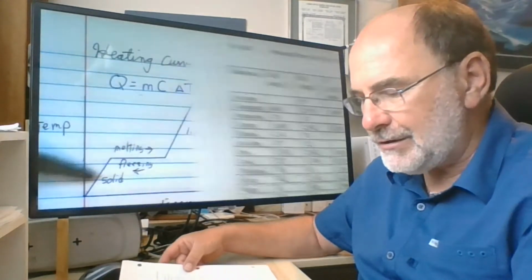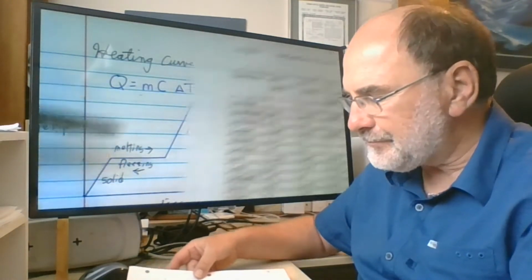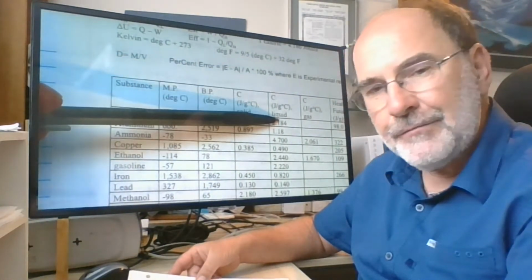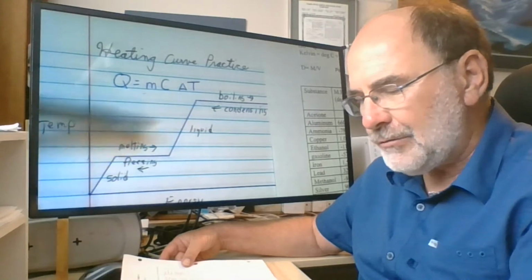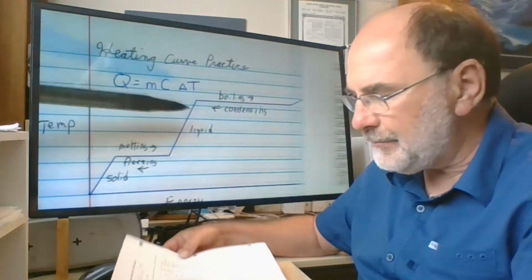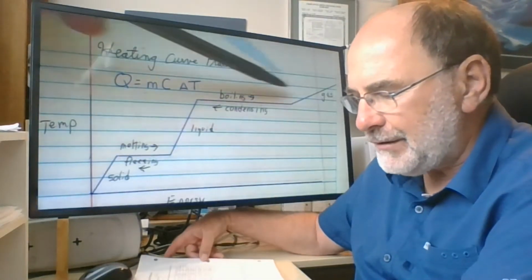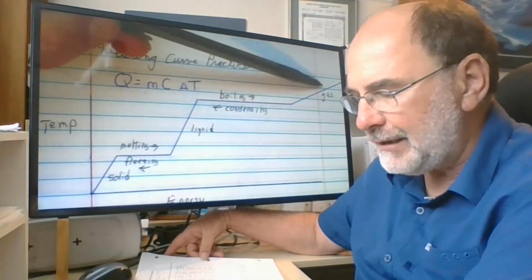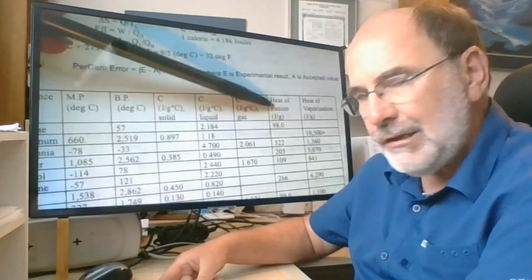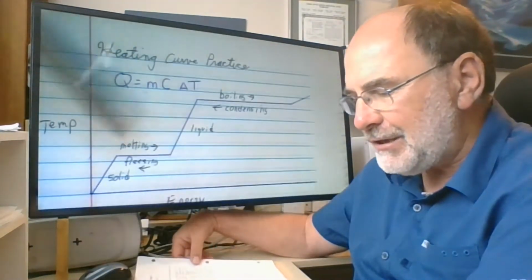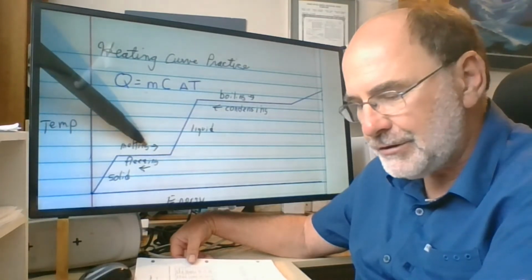Specific heat is the slope of this first line. Specific heat for the liquid state is the slope of this line, and it can be quite different from the others. The specific heat in the gas phase is the slope of this line up here, and again, it can be different from these other two slopes. The heat of fusion is how much energy it takes to go this horizontal dash.